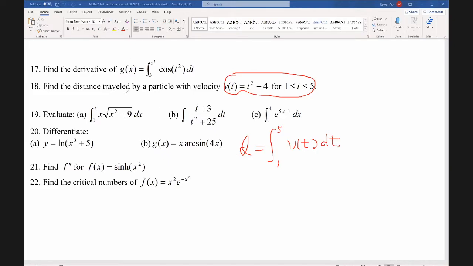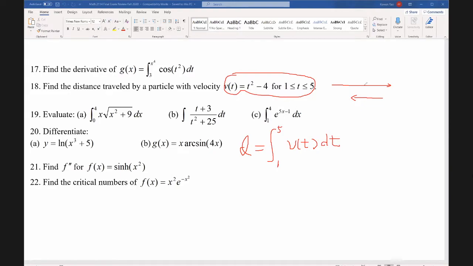Now the distance is always positive, right? Sometimes the velocity can be this way, right? Sometimes the velocity can be this way, right? It can go back, can be negative, right? If t equals 1, the velocity will be 1 minus 4, right?